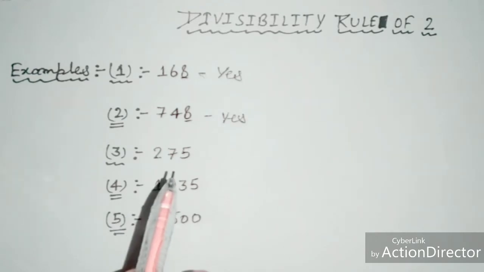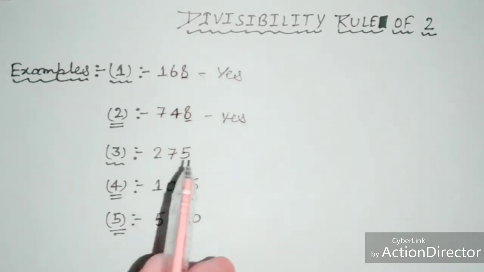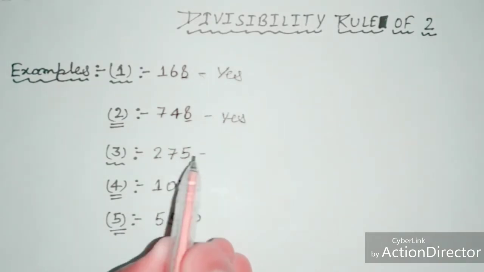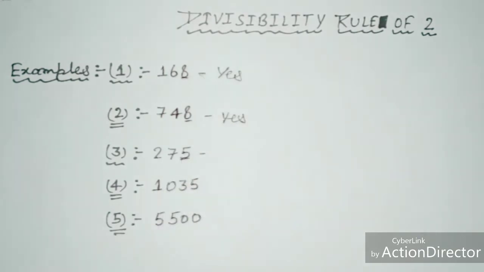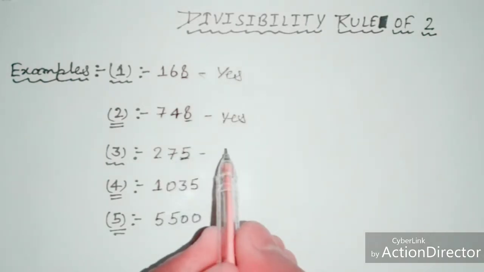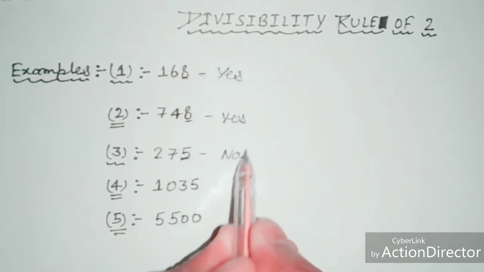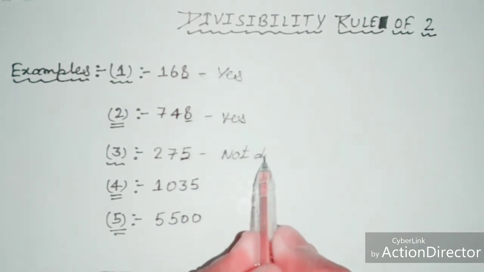Example number 3, 275. In this number, the digit in unit place is 5 and 5 is not divisible by 2. So the number 275 is not divisible by 2.